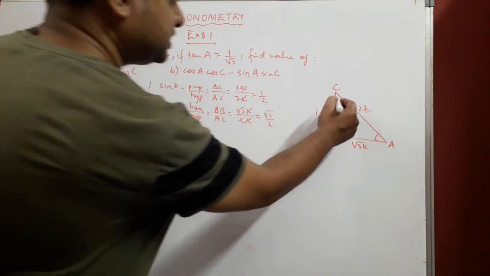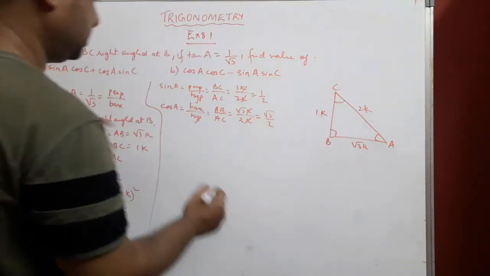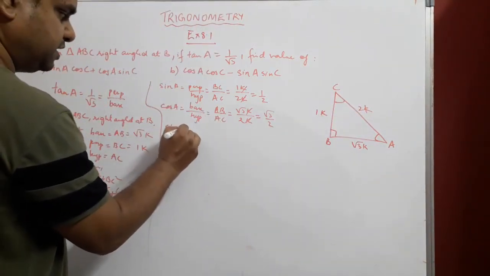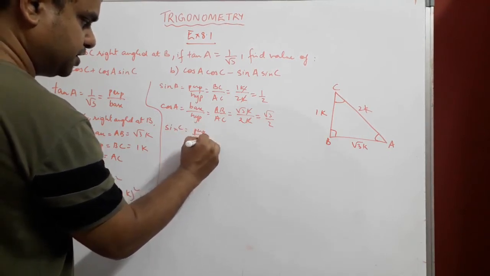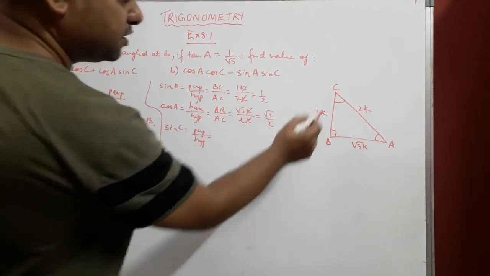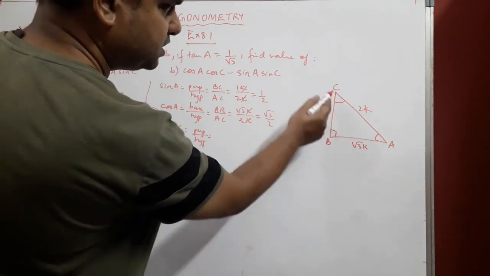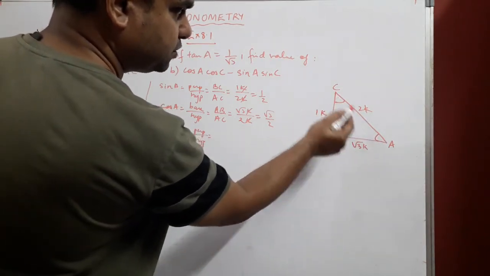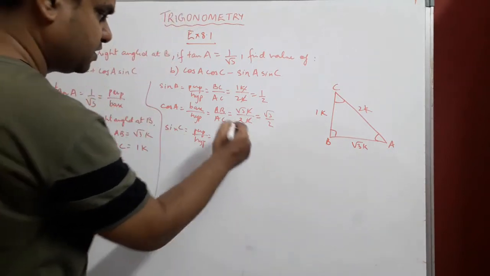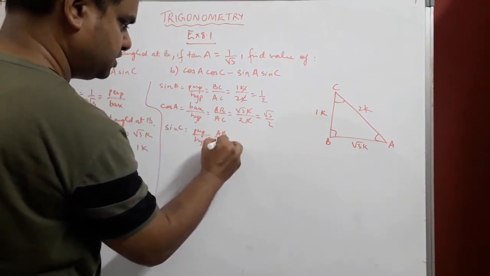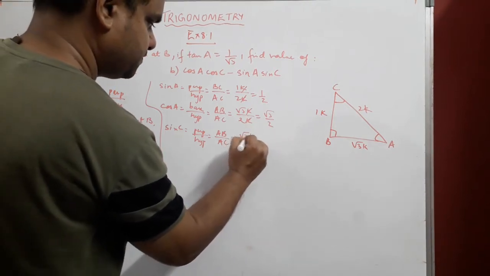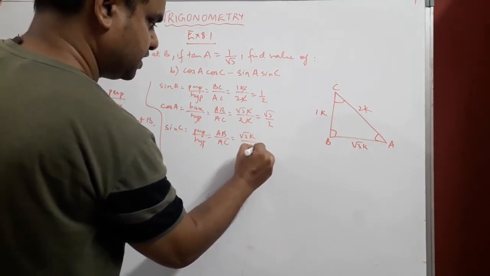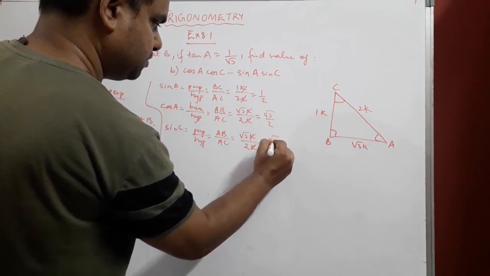Now to get sin C and cos C. Sin C once again is perpendicular upon hypotenuse, but here the perpendicular is not BC but AB. Opposite to C is AB. We get AB upon AC. Hypotenuse remains the same. So AB is root 3k, AC is 2k. K cancel, we get root 3 upon 2.